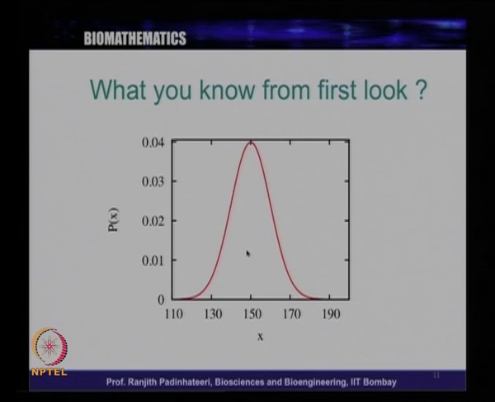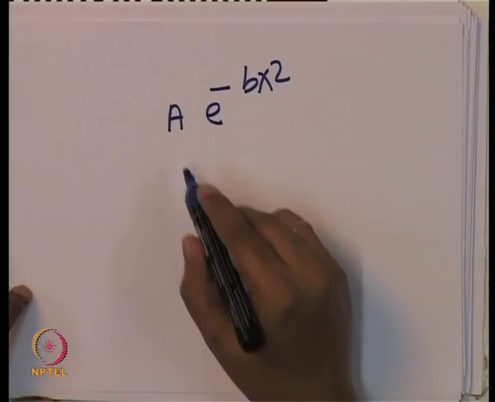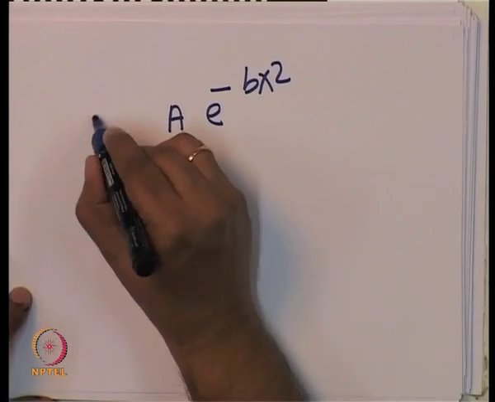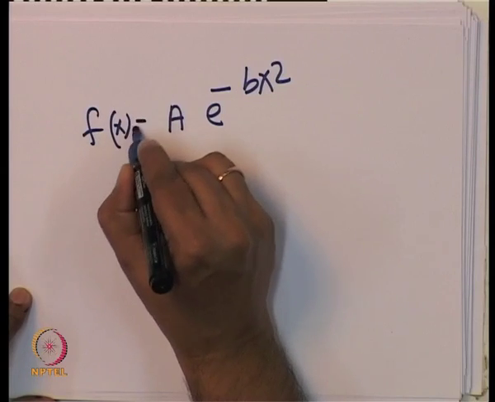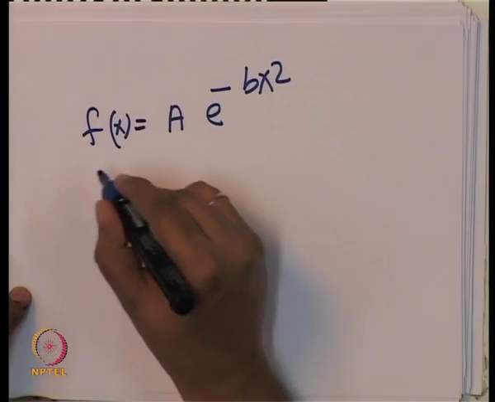Let us look at the Gaussian function again. The Gaussian function is a e power minus b x square, or p of x if you wish.